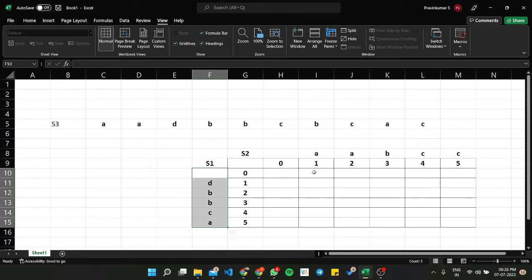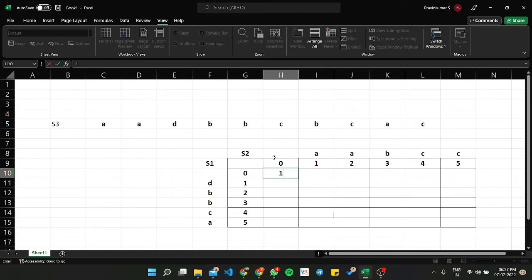Now I want to check whether I can form the string from S1 and S2. First, I take nothing. It's the base case: I don't take any character from S1 and I don't take any character from S2. It's always true, because if S3 is empty, then we can form it from empty S1 plus empty S2.